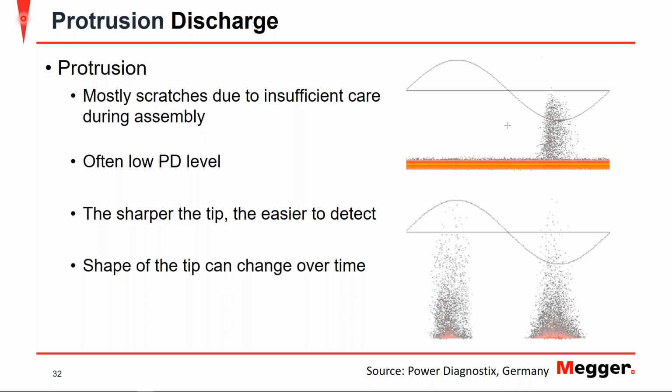And the shape of the tip can change over time. So again, you can see the indicative pattern of the protrusion discharge, not quite the humps we saw before, but these tall column discharges at the positive and negative applied voltage.